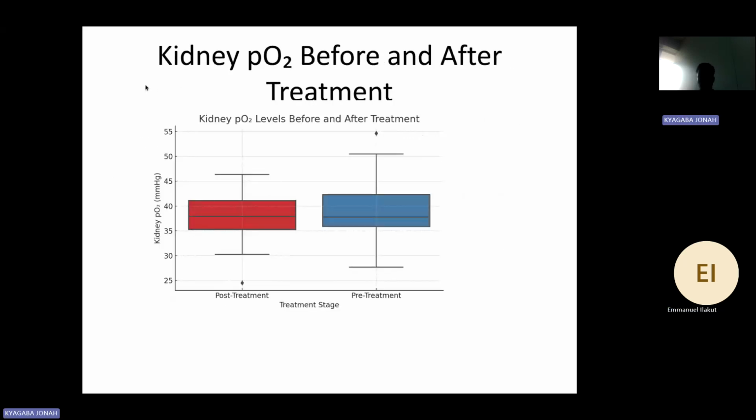If you look at the box plot, as you explained, we are trying to explore the key features contained in our data set. The box plot compares the kidney PO2 levels under different conditions. The conditions are normal and hypoxia, and this shows us the levels before treatment and after treatment.